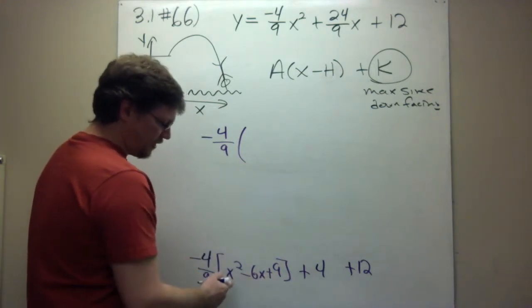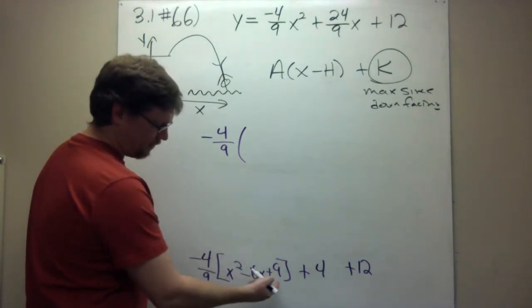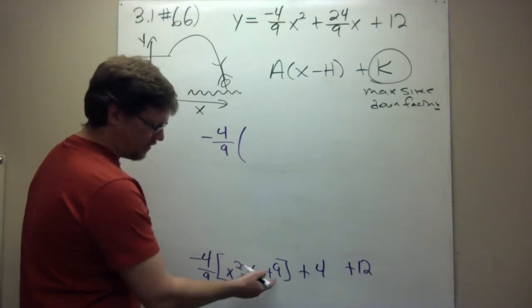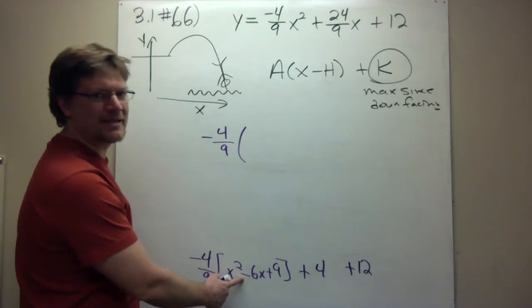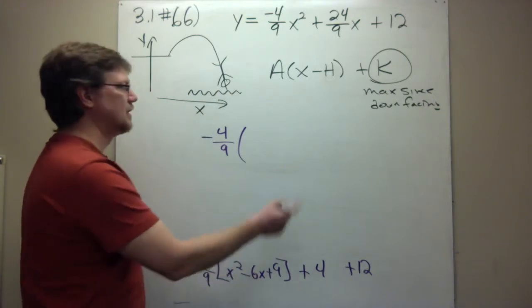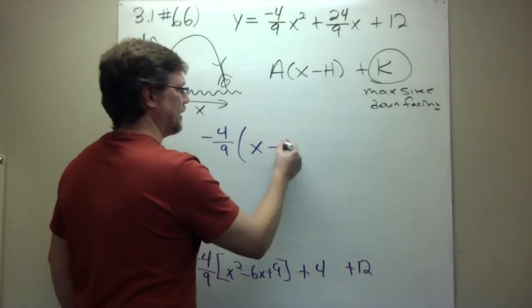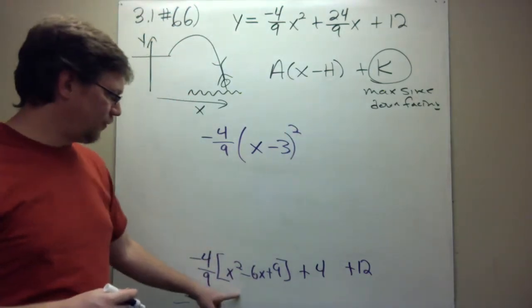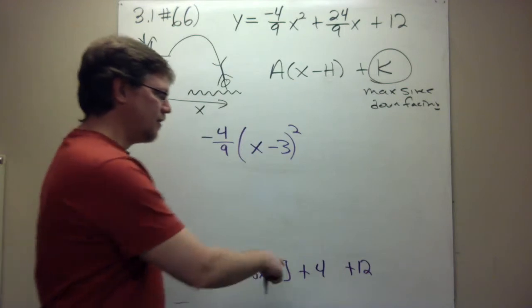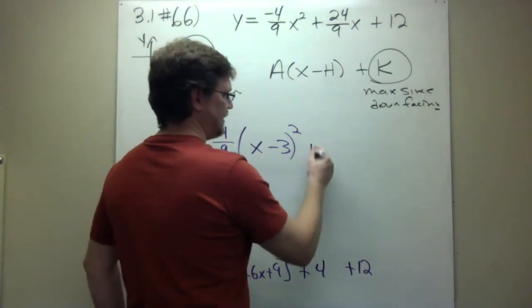It's going to be x minus 3, right? This plus means that both my pieces have the same sign. This minus means at least one of them is negative. So we're going to get x minus 3 squared. If you FOIL this back out, we will indeed get this term remaining. 4 plus 12 is 16.